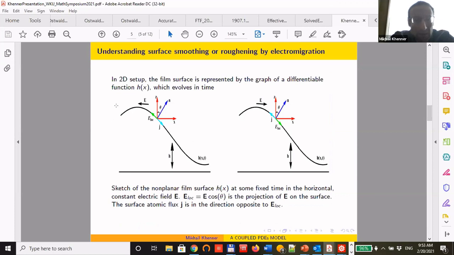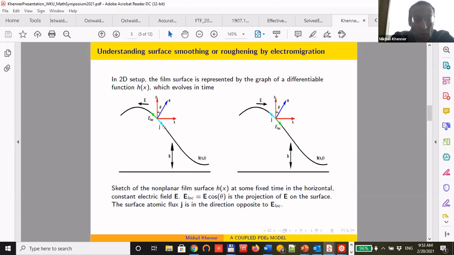Imagine you have a two-dimensional situation, where the film surface is represented by a smooth curve, h of x, in the plane. And this curve will evolve in time because the shape of the surface changes. Now, what would be the effect of the electromigration here if the electric field is from right to left?